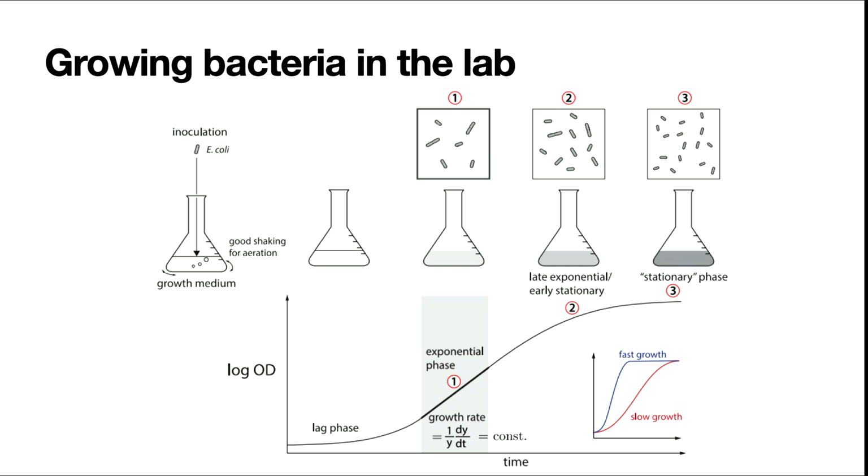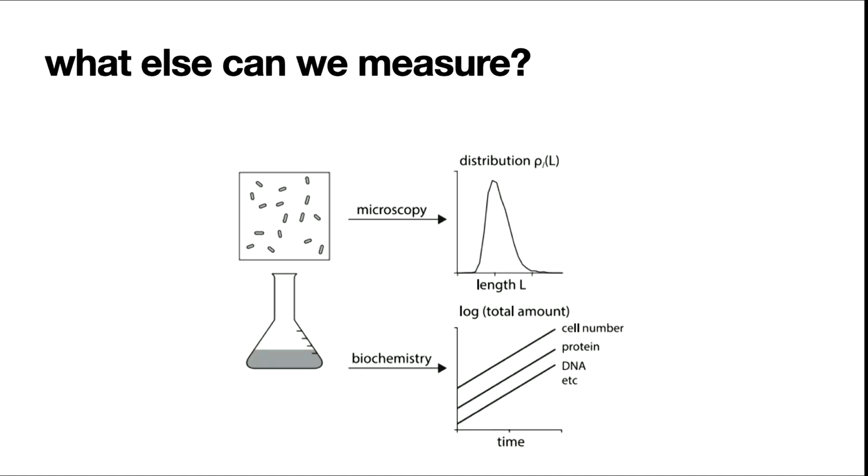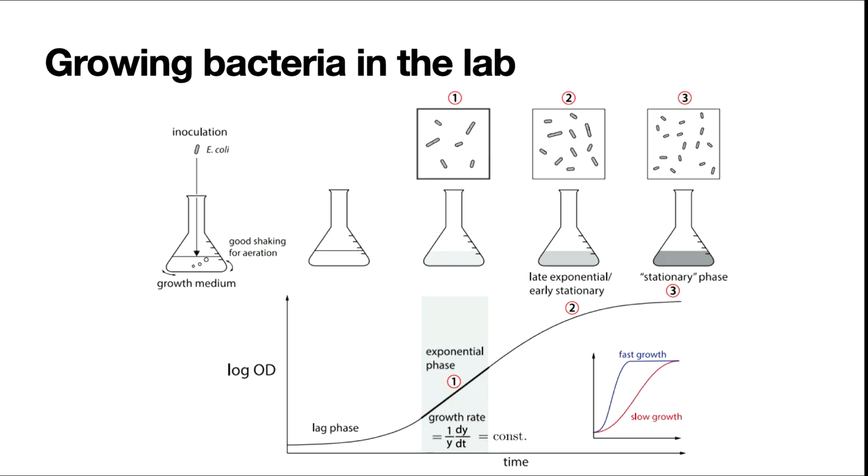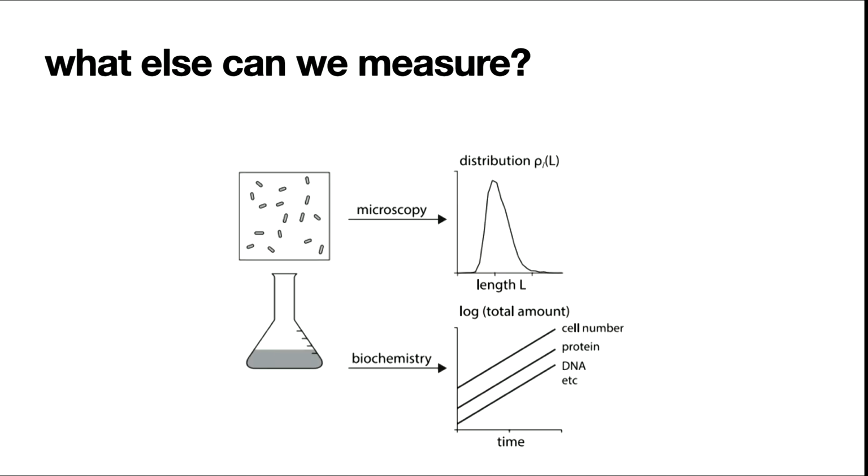Now, you can imagine that you do this, and then you can take your culture at any point in time. You can take it here, here, here, whenever you want. And what you can do is measure something. For instance, you can measure how many bacteria there are. Or you can look at them under the microscope and see what fantastic shape they have, how big they are.